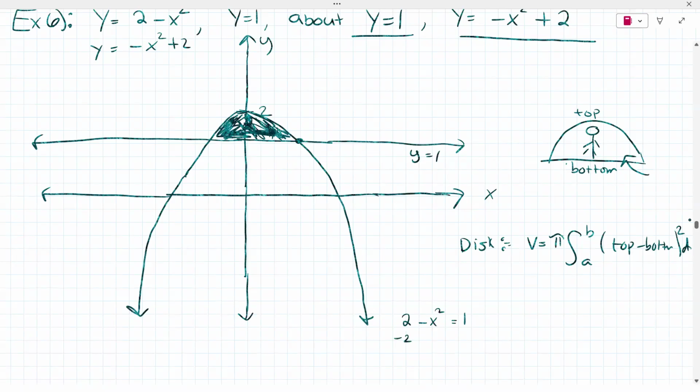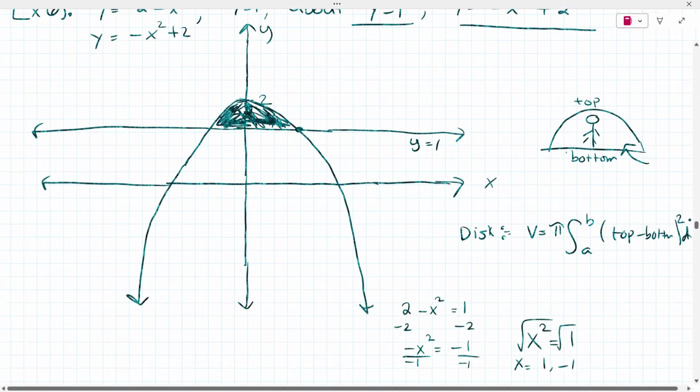So I'm going to subtract 2. 1 minus 2 is negative 1. Negative x squared equals negative 1, so x squared equals 1. And then the square root of 1 is 1 and negative 1.